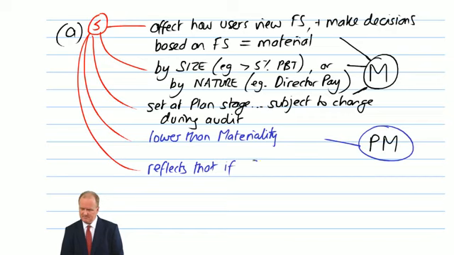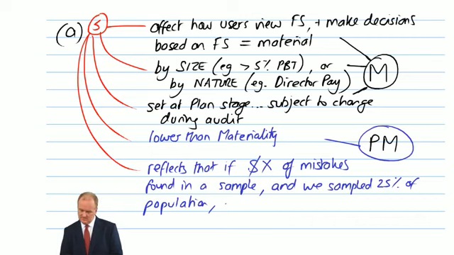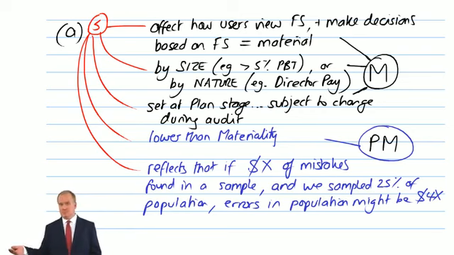To reflect that if X dollars of mistakes are found in a sample, and we sampled, let's say, 25% of the population, errors in the population might be 4 times X on the basis that you've tested 1 quarter.